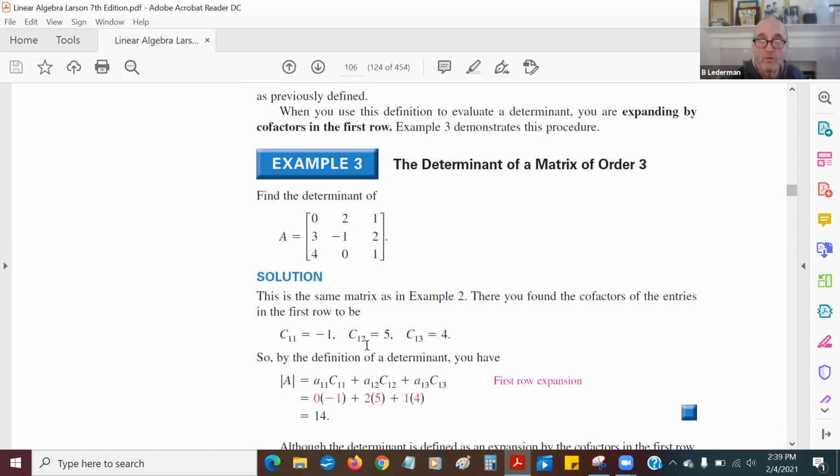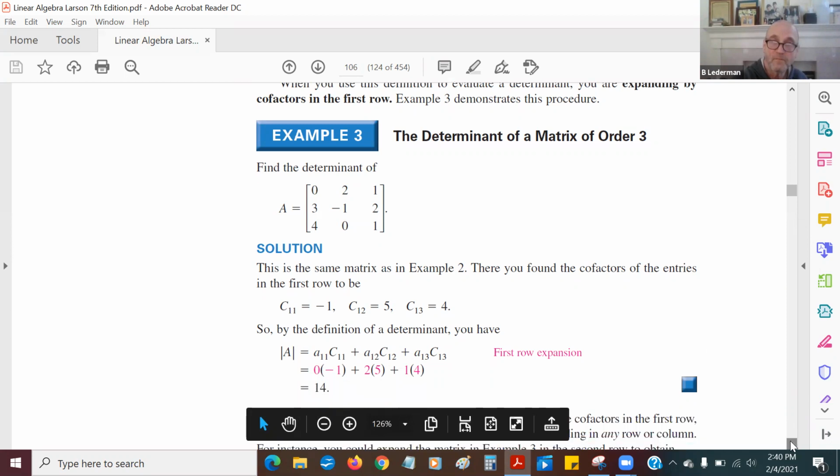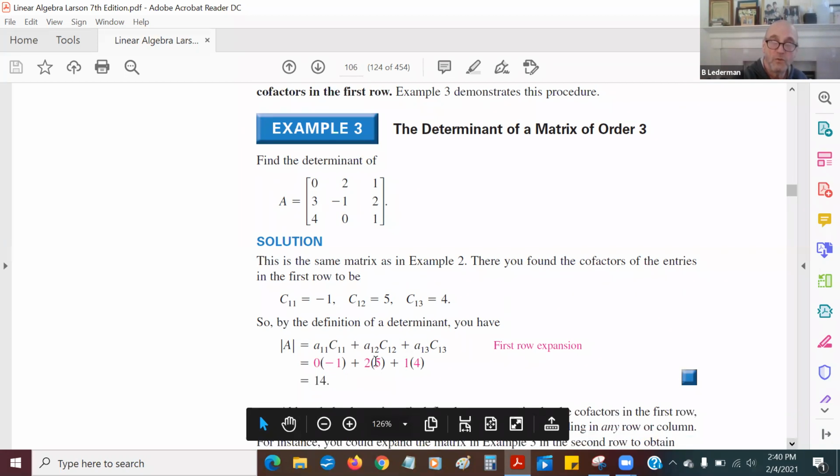But for C12, 1 plus 2 is an odd number, so it's +5, and so on and so forth. So the determinant is going to be, we take these three numbers, 0, 2, and 1. 0 times -1 plus 2 times +5 plus 1 times +4, which becomes 10 plus 4, which is 14.